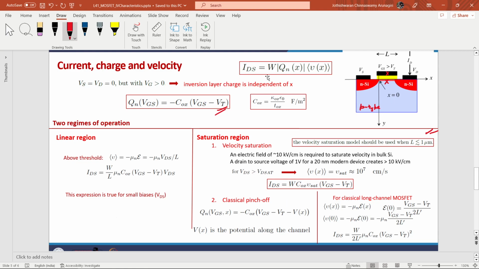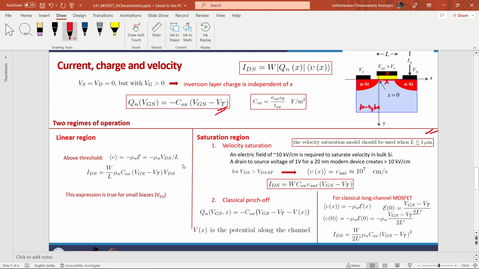So these are the formulae. Essentially we are talking about the oxide capacitance, and the oxide capacitance will determine how much charge is present in the channel, and that will in turn control how much current is flowing through the channel.